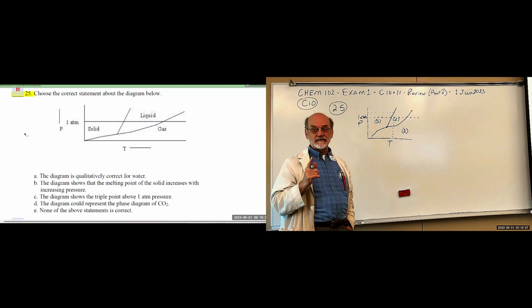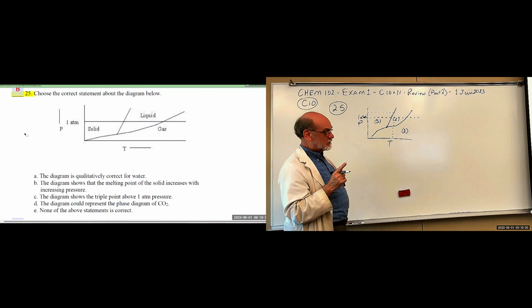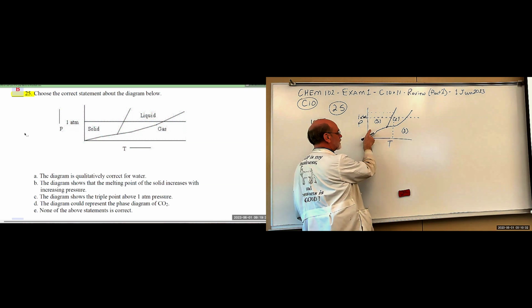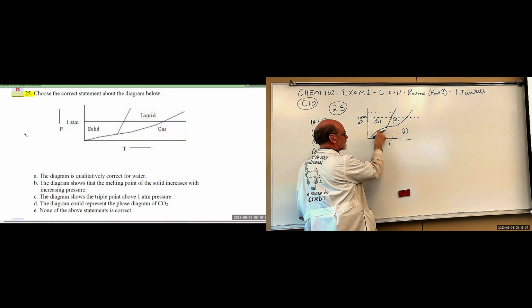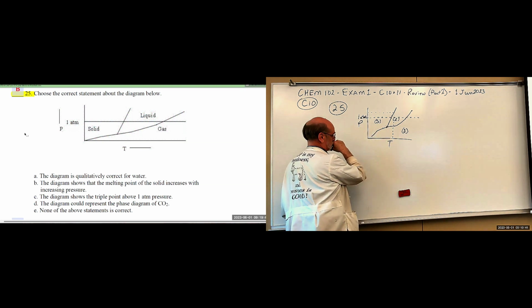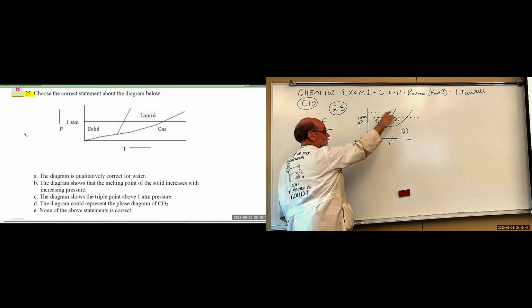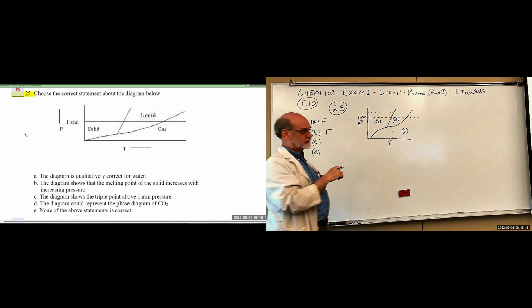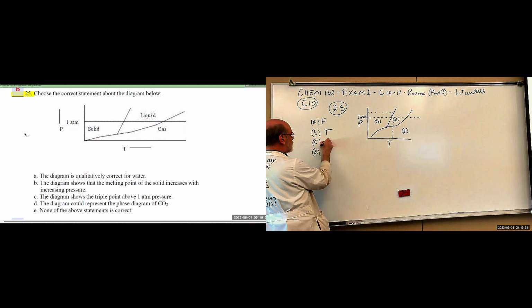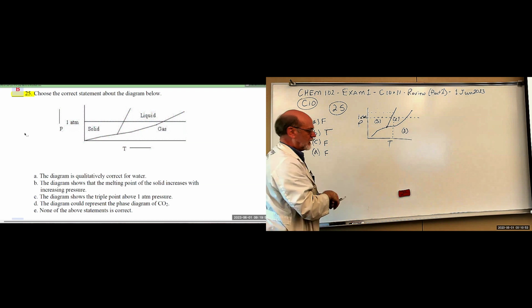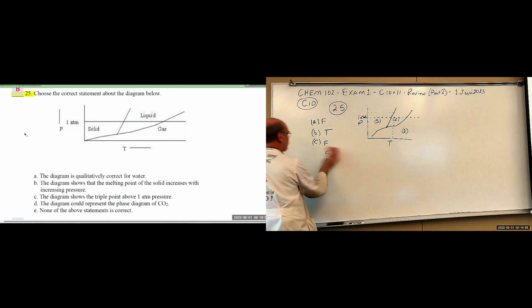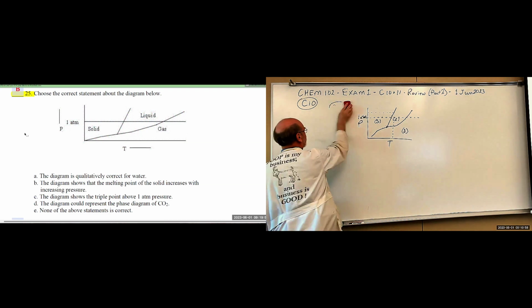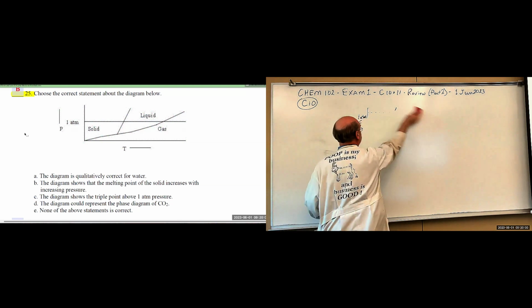If it's a solid, then 1 atmosphere will allow it to go from solid to gas this way. Right? So 1 atmosphere is in the wrong place. It needs to be down here for carbon dioxide. All right, so let's see. Both of these are false. Okay. Moving on.